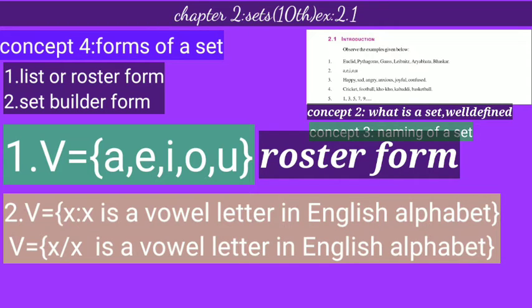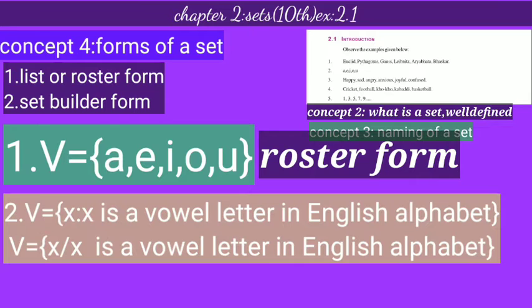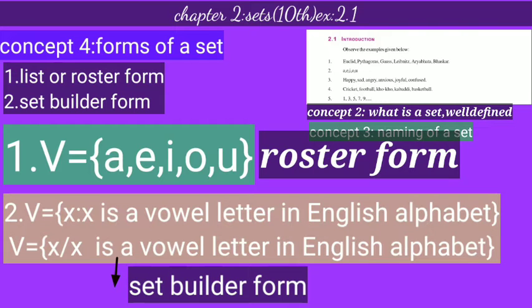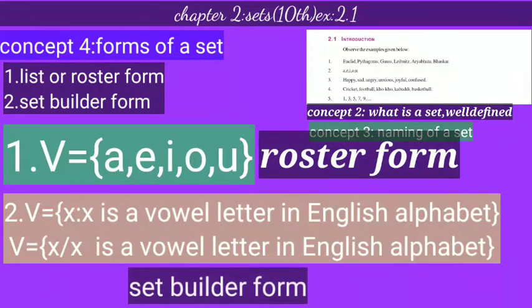In this form, we cannot write the whole list like above, but it is enclosed between curly brackets. These are the two forms of a set. One is list form or roster form. The second one is set builder form.